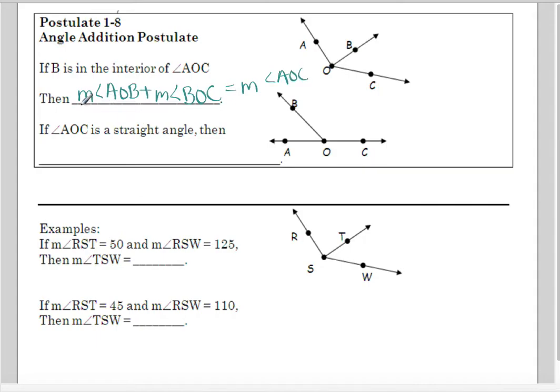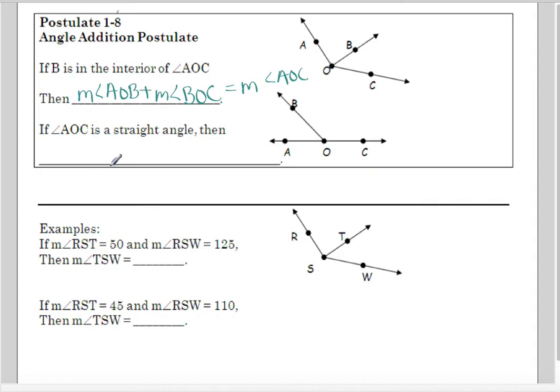It's very important that you have the writing like this, where it's m of the angle, and you have your symbols and your names correct, and that you're adding them equal to the third one. It's a very important formula for us to know. Again, the notation is very important.